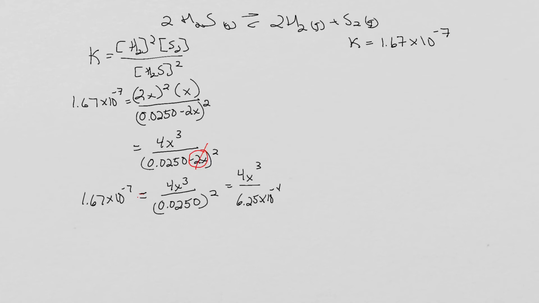So now we can take our numeric value, we can bring it over to the left side of the equation. So we can do some simplification. I'm just going to do partial simplification here.